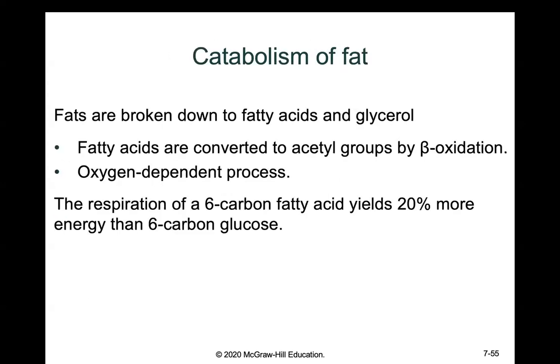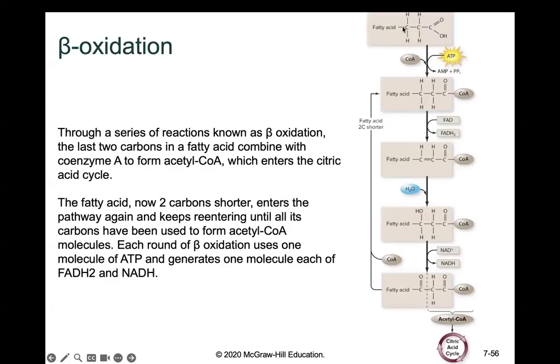You could also use fats. So these are your fatty acids, and you can do something called beta oxidation. Again, I don't need you to remember this. What I want you to remember is that beta oxidation uses ATP, and what you're trying to do is break fatty acids down by two carbons to create acetyl-CoA.